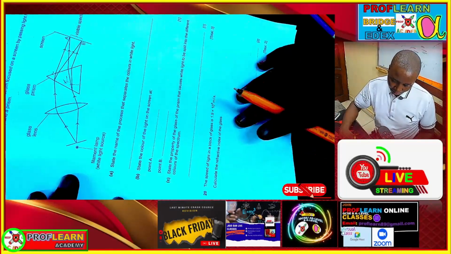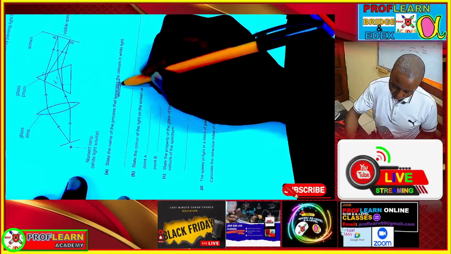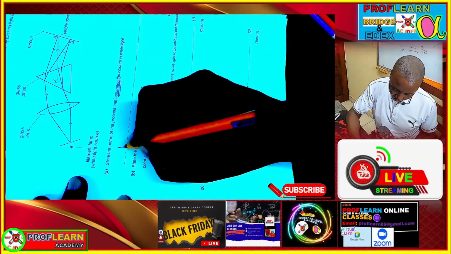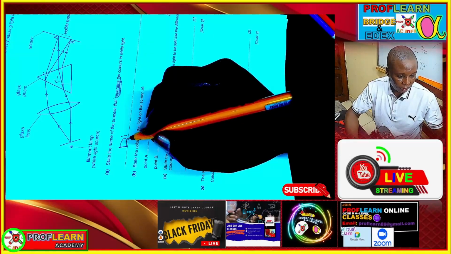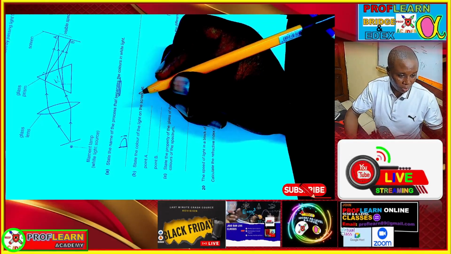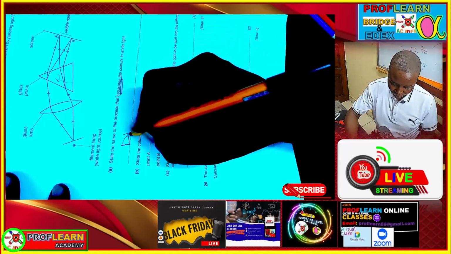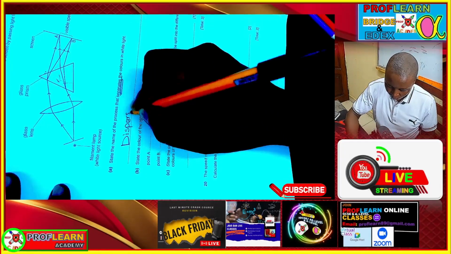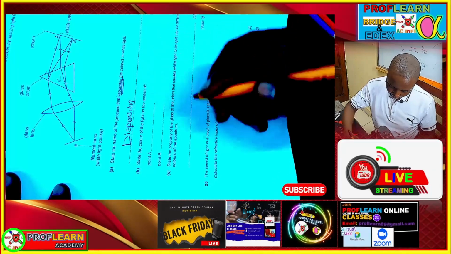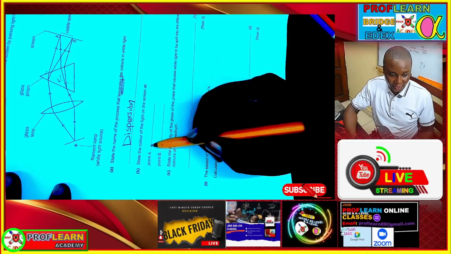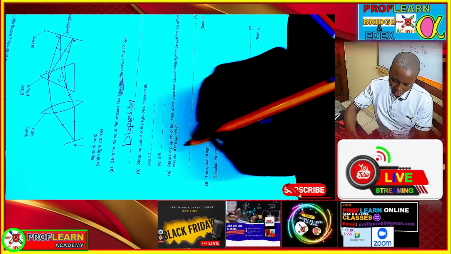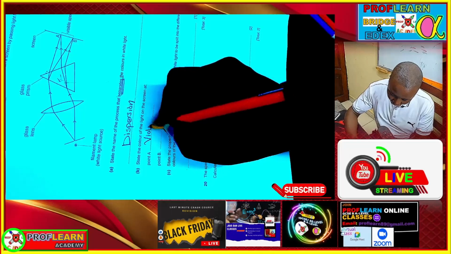So we're supposed to say the name of the process that separates light. This is actually dispersion. So we need to state that this is dispersion of light. Dispersion. State the color of light on the screen at point A. At point A we have violet.